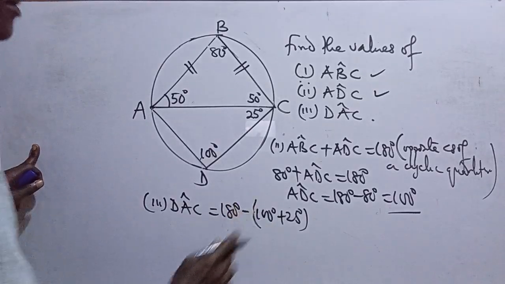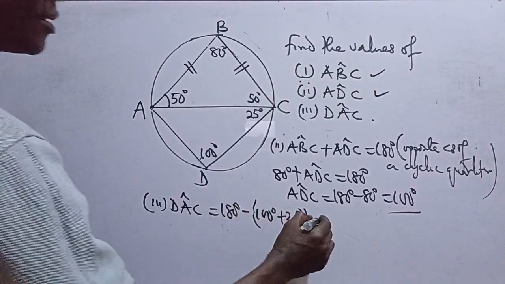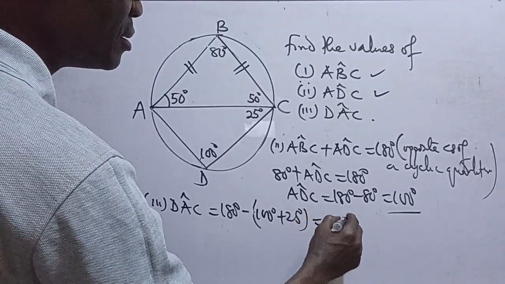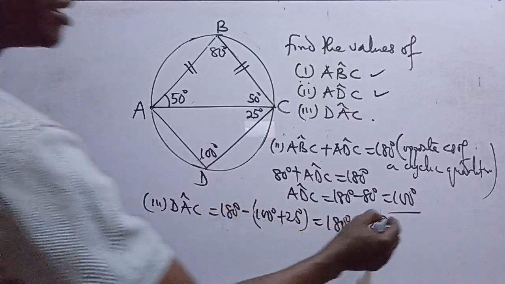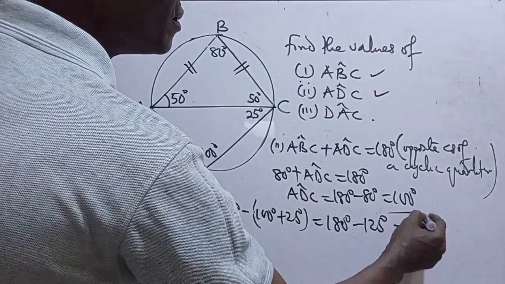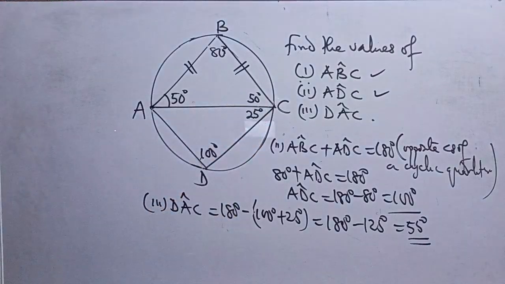I hope that is clear. So that is 180 degrees minus 125 degrees, which will be 55 degrees. So DAC will actually be 55 degrees. With that, we have come to the end of this problem.